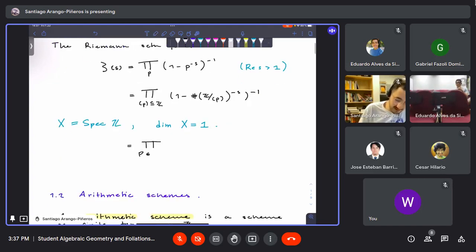Now I want to look at it as closed points on my scheme Spec Z. So I'm going to denote the closed points of a scheme by a bar. So I'm counting points, 1 minus the size of the residue field to the minus s, to the -1.